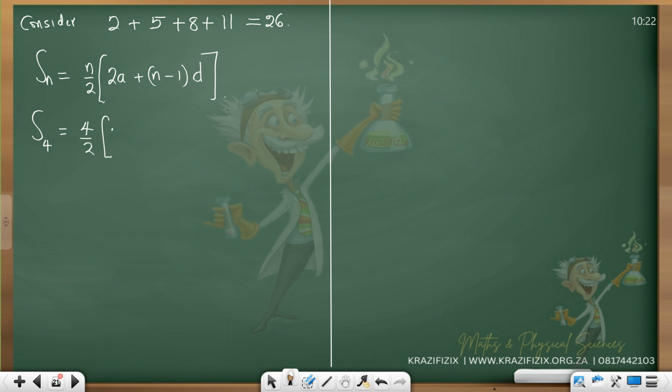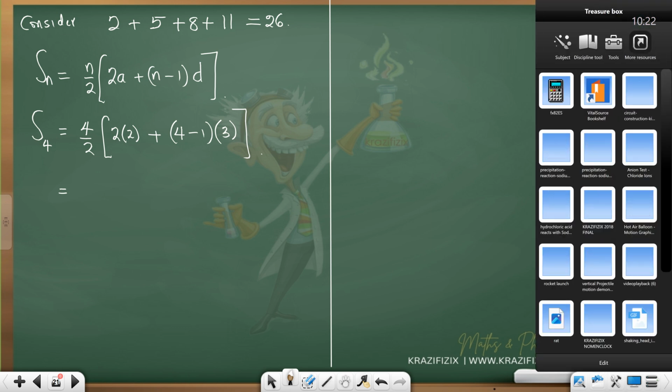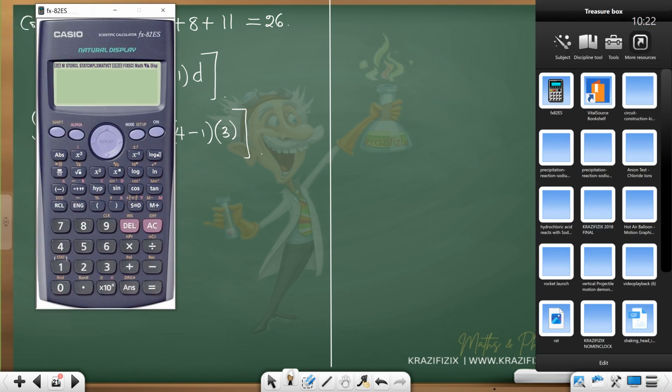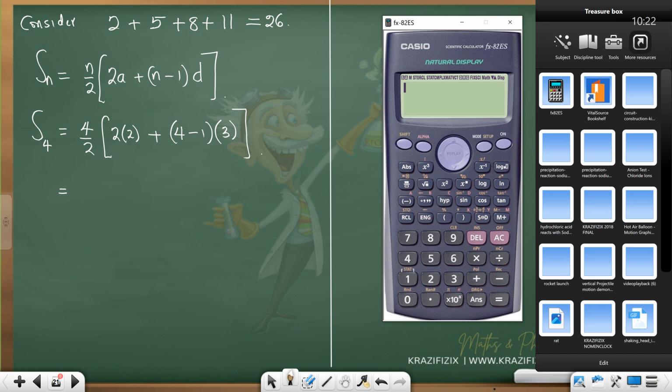4 over 2. My first term is 2. n is 4 minus 1. And my difference is 3. Let's put all of this in a calculator so I will also see the calculator usage. Type it nicely the way you have written it. 4 over 2, that is actually 2, right?